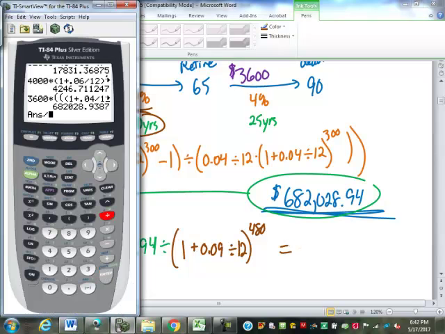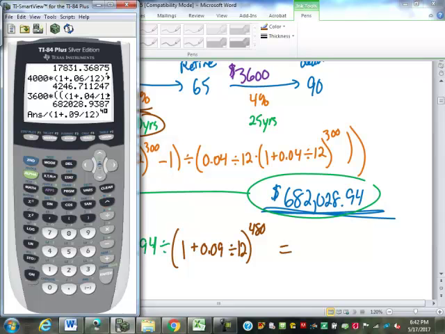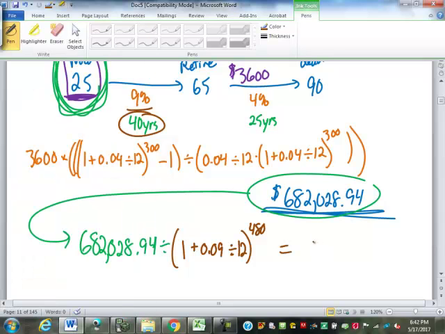So take that amount divided by parentheses, 1 plus 0.09 divided by 12. So 18,887.59.